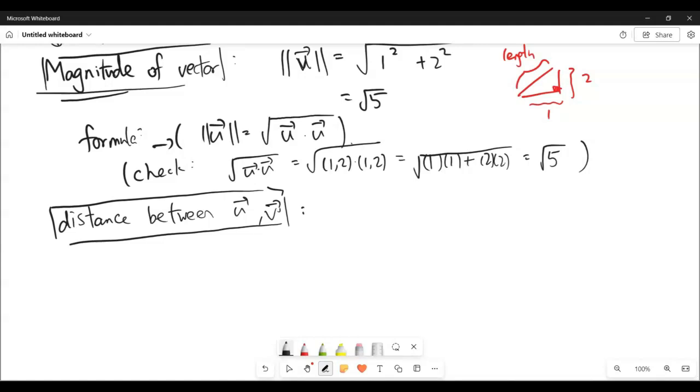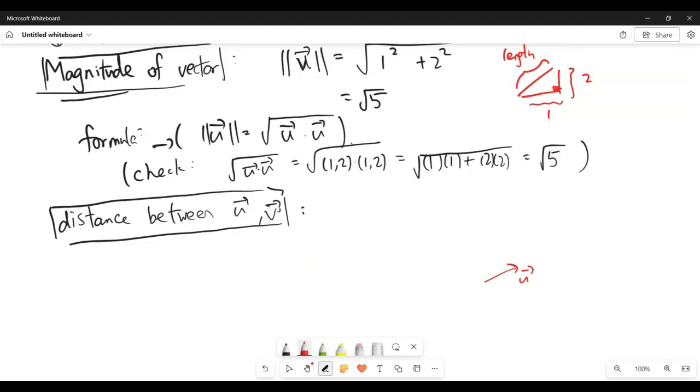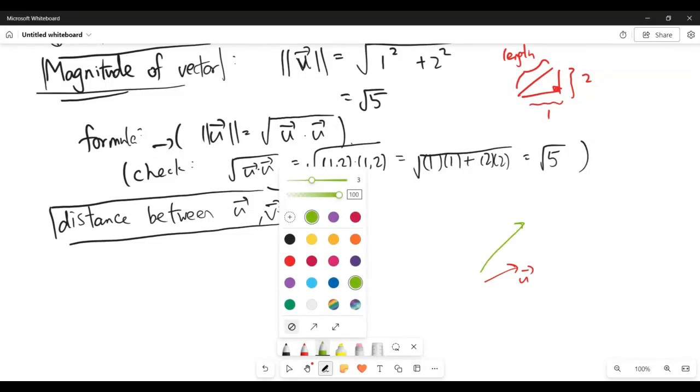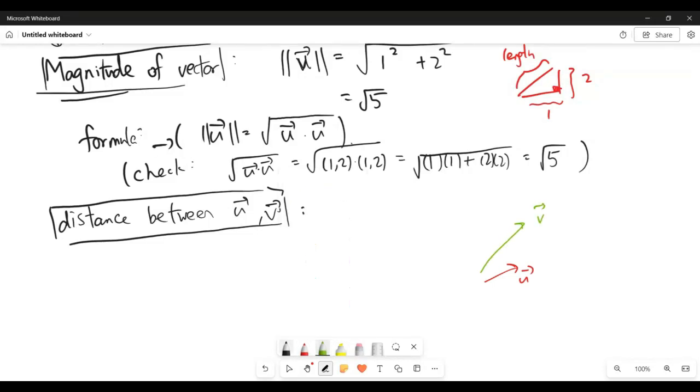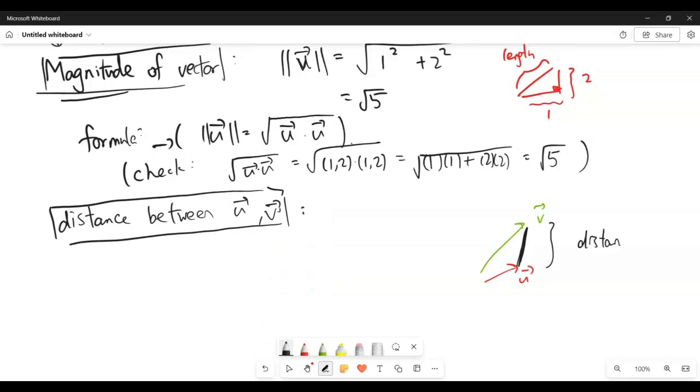By the distance between two vectors, you can look at the previous examples. If you have a vector u and another vector v, the definition of distance between two vectors is that I try to measure how long the distance is between the arrowhead of the vector v and the arrowhead of the vector u. The black one here, I want to measure how long.